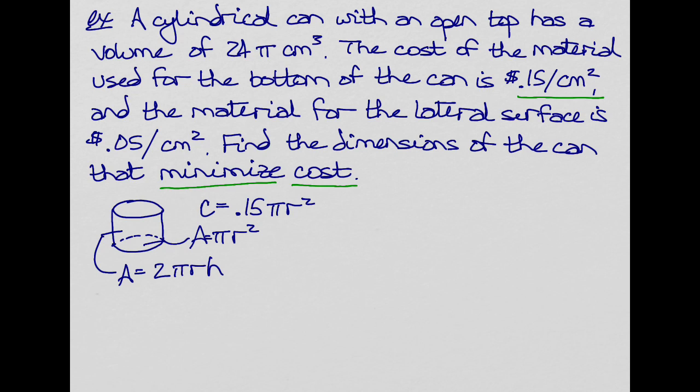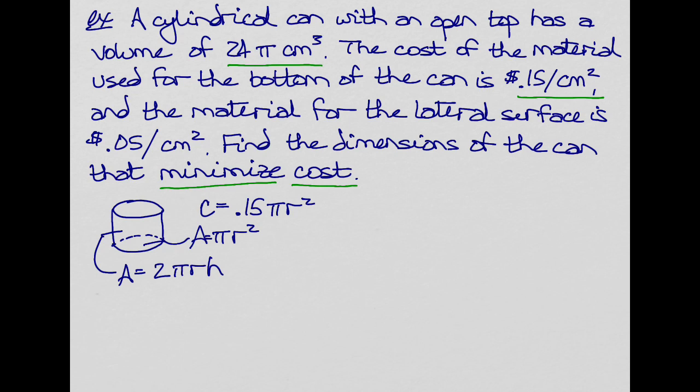But that's a problem because we're only allowed to have one variable, and now I have two. I have 2 pi r times h. So I'd like to write one variable in terms of the other, and really I'd like to write the height using the radius since I already have r in the other part of my equation here. Fortunately, we have another piece of information, and that is the volume of the can.